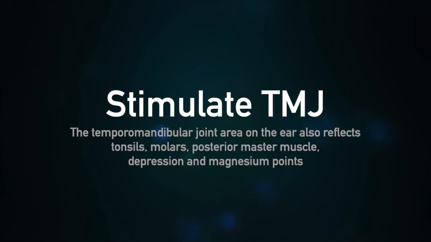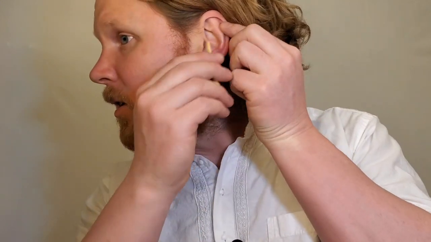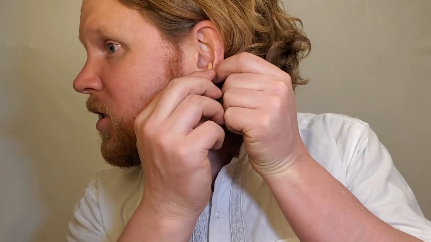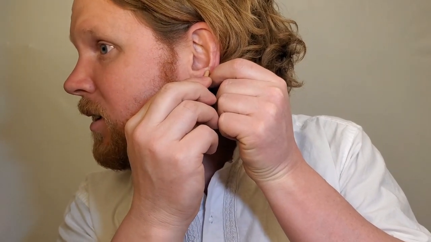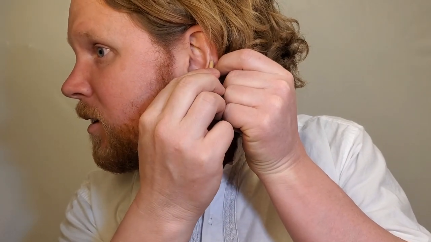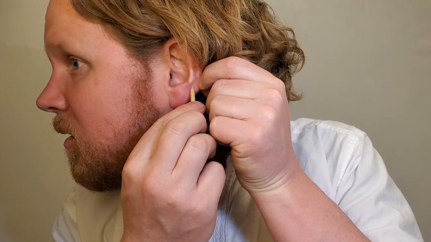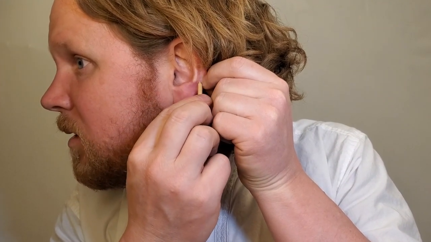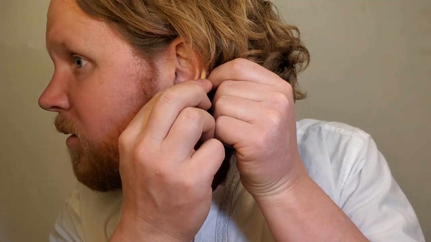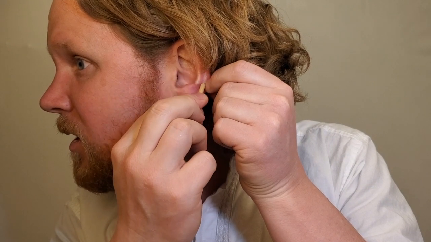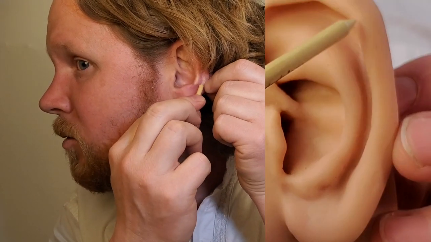Now the jaw point is relatively easy to find, below where we just were at the C0 point or the occiput point. If you come just straight down in this groove here that comes along in between this part of the helix and the antihelix, there's a groove here.